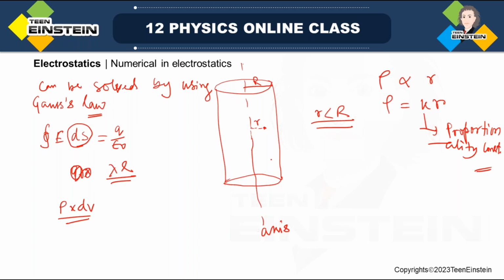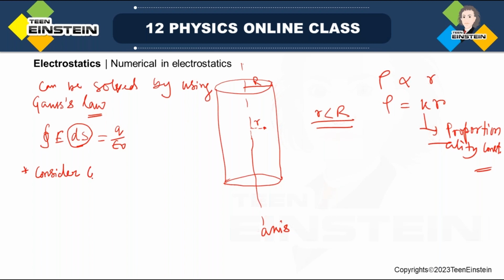Okay. So now, first of all, let us write the left hand side. Okay, before that, let me consider the Gaussian surface.